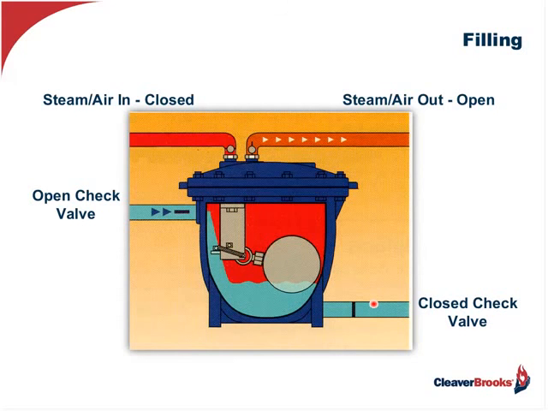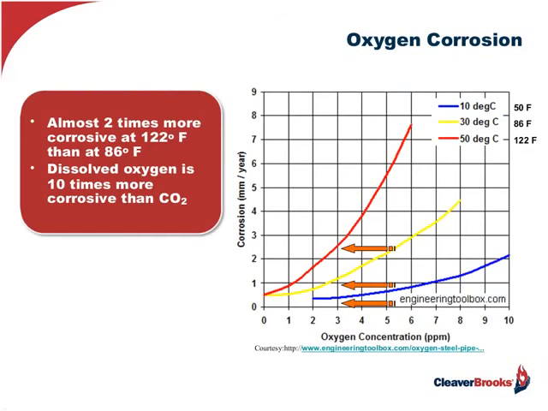Now, speaking of air, it's extremely deleterious, if you will, to piping and boilers itself. And the corrosiveness of oxygen will increase with temperature. As you can see, I've got the corrosion on my vertical axis and the amount of oxygen concentration on the horizontal axis, and then my temperatures here.